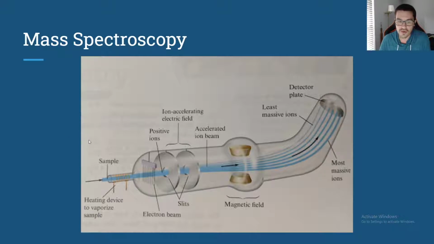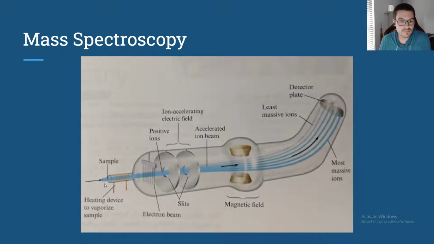We don't have to know every little detail of how a device like this works. But we do need to understand the general gist of what's going on here because it may be asked on the AP exam. So I'm just going to give you the nuts and bolts of what's going on here, and as always, if we have questions about this, we can talk about it when I see you next in class.